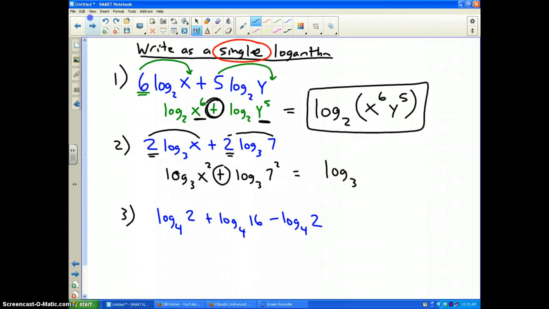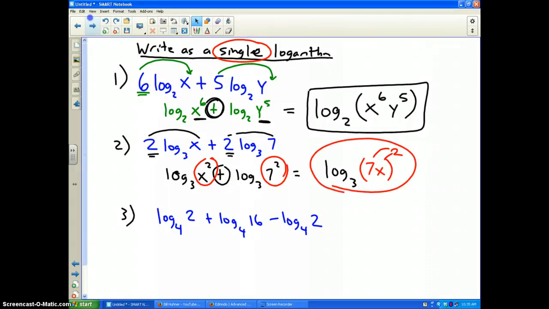Log base 3, and what's on the inside is these two things. But one thing I notice is they have the same power. So since they have the same power, I can write it as 7x and then put the power on the outside since the 2 applies to both the 7 and the x. And I'm done.